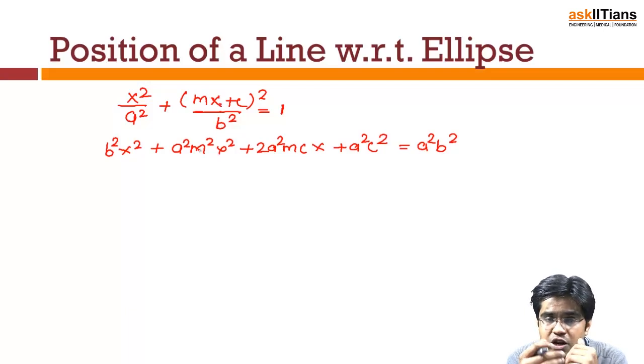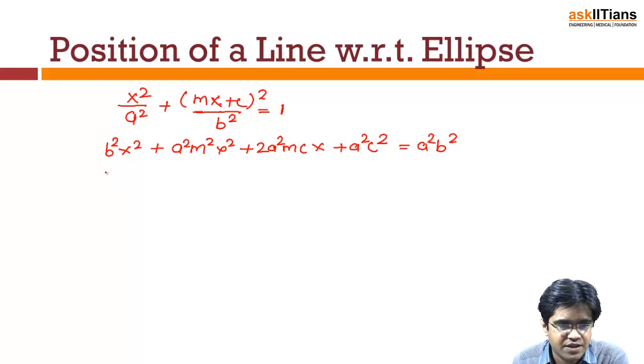For those values of x, we can get corresponding values of y. So either we can get no value of x, one value of x, or two values of x. Now with respect to each value of x, we can get y. That means the number of values of x that we get here is actually the number of points at which the line and the curve are interacting.